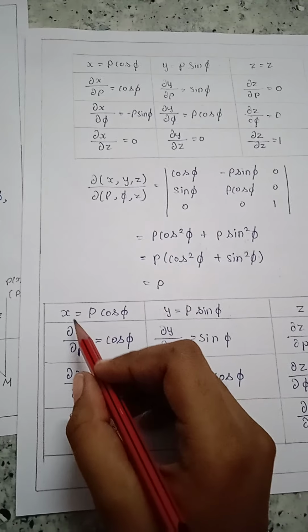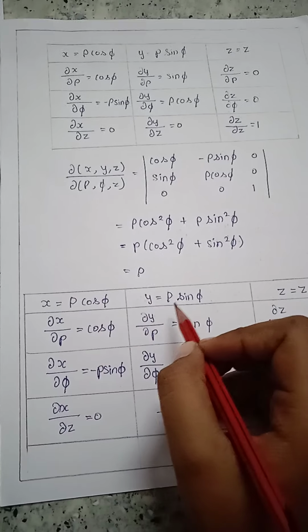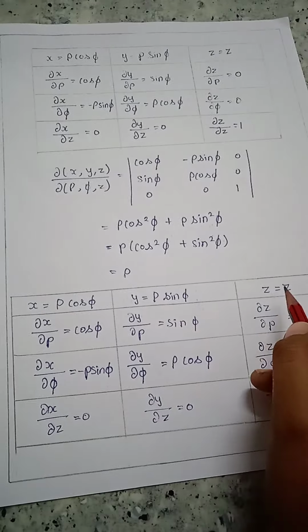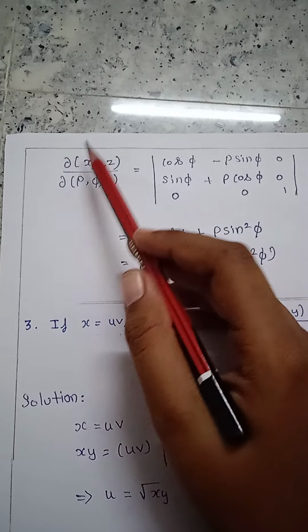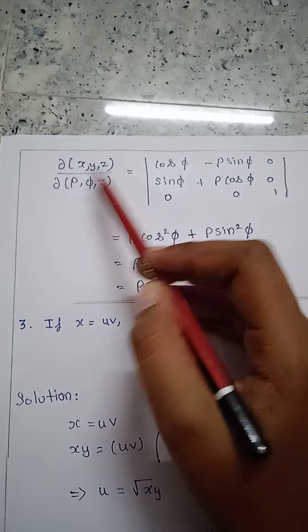Next, x is equal to rho cos theta, y is equal to rho sin theta, z is equal to z, same. Again we make the tabular column in the same way. The formula is dou x y z divided by dou rho theta z, and we use cos theta, minus rho sin theta, 0, sin theta, rho cos theta, 0, 0, 0, 1.